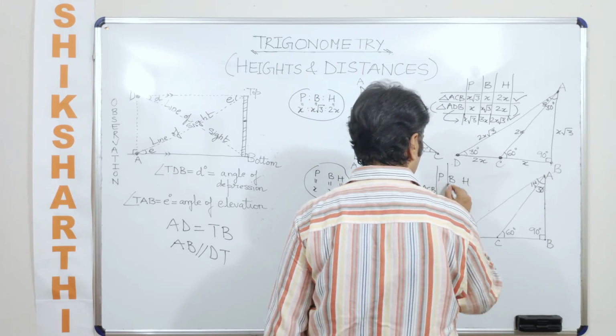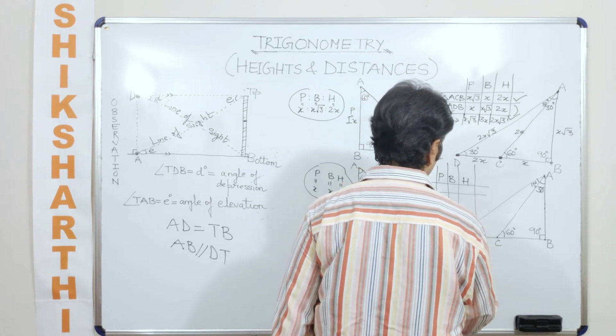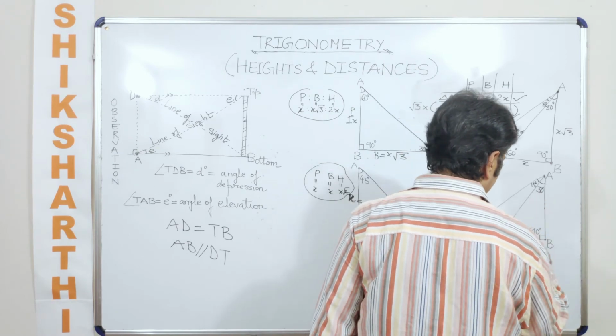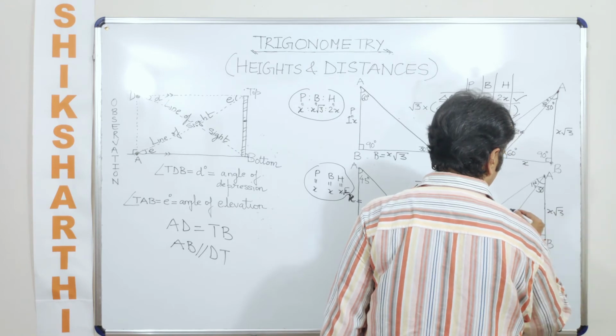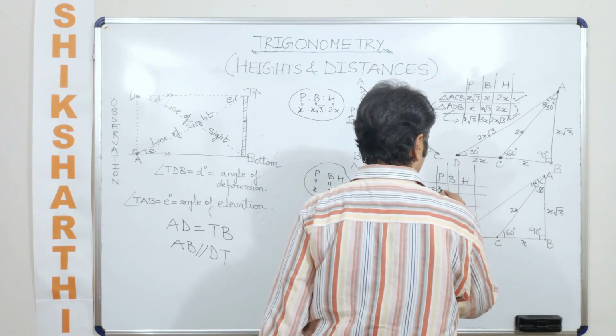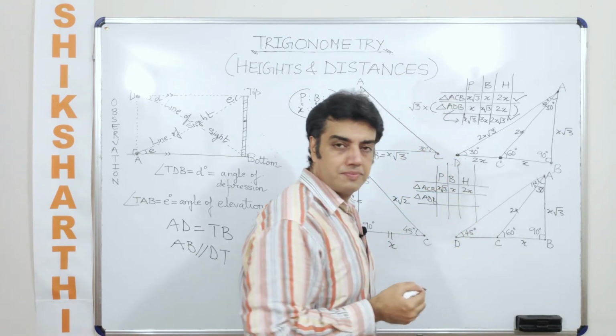We use the same properties as earlier. So first let's talk about 30, 60, 90. If this side is X, this becomes X root 3 and this becomes 2X. So the perpendicular length here is X root 3, base is X and hypotenuse is 2X.